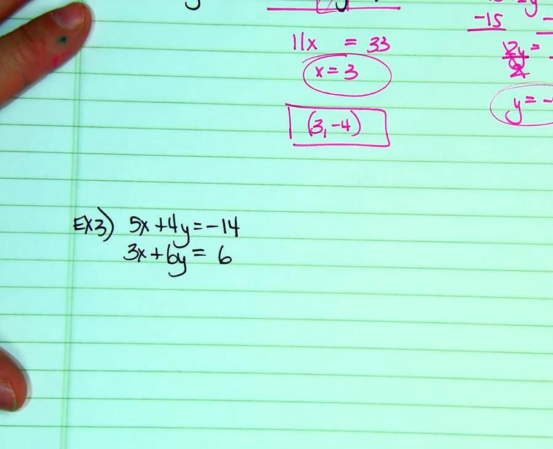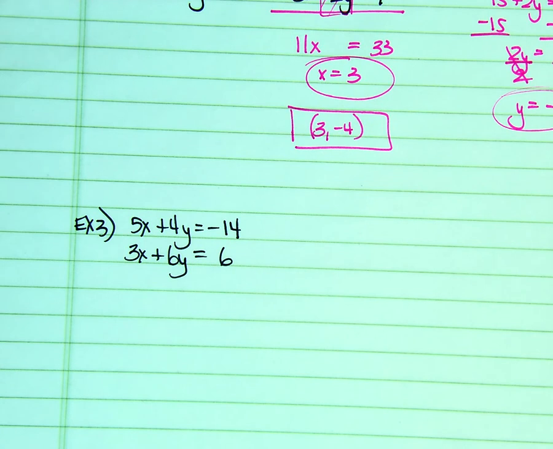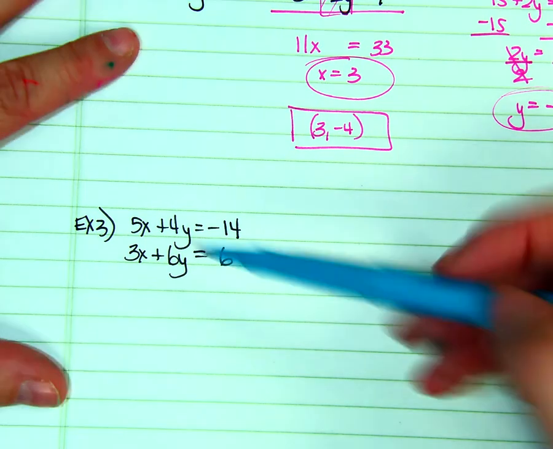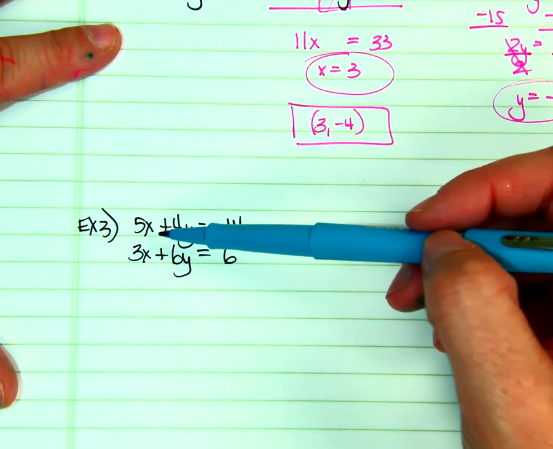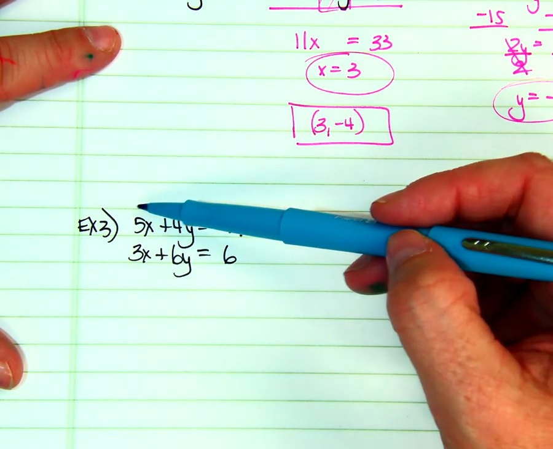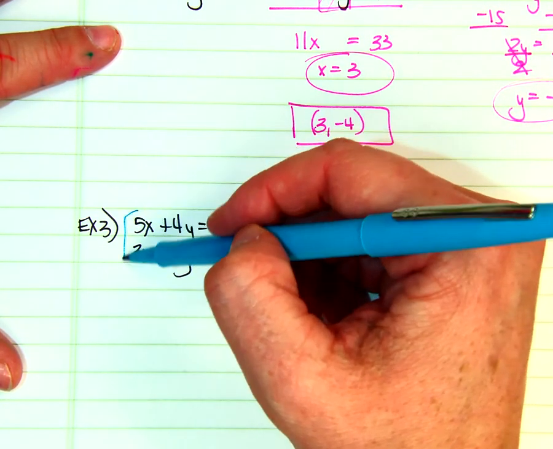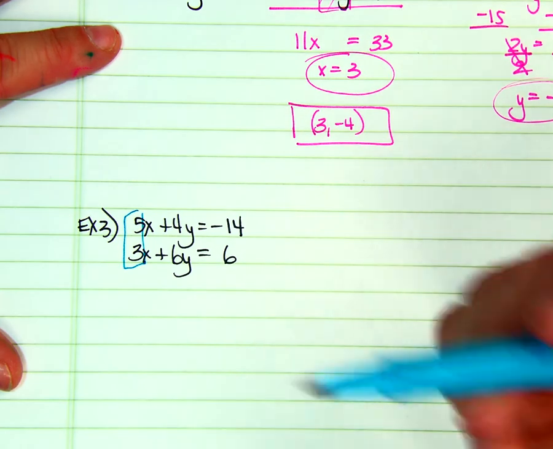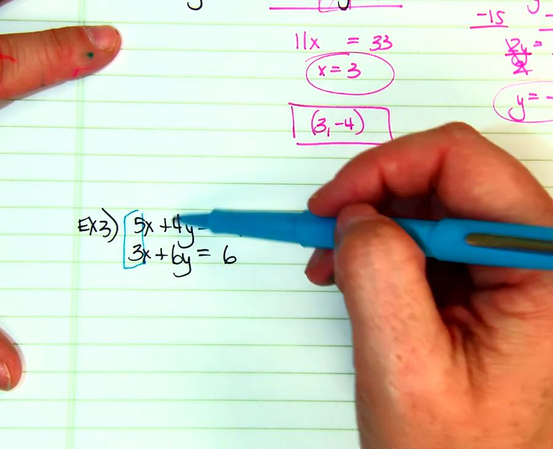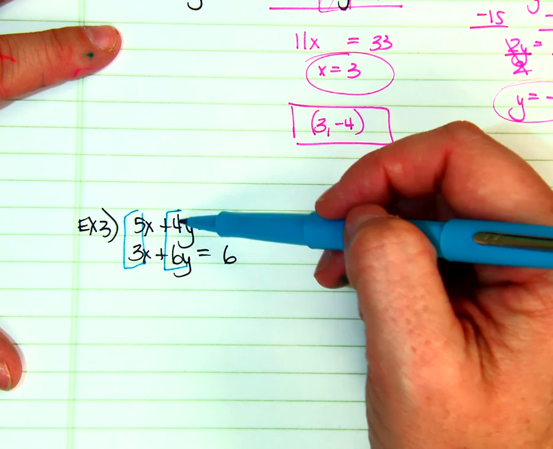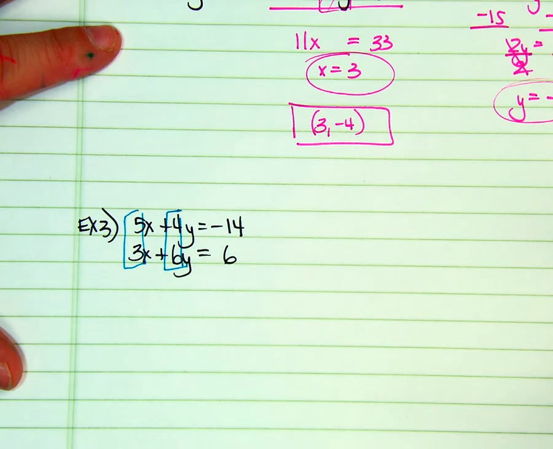Okay, so I can't just multiply one of these by a number and get the opposite coefficient. So I could do this two ways. I could try to eliminate the x's by figuring out what number 5 and 3 go into, or I could eliminate the y's and figure out what 4 and 6 go into.